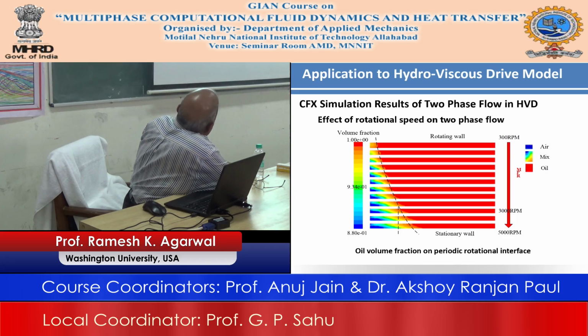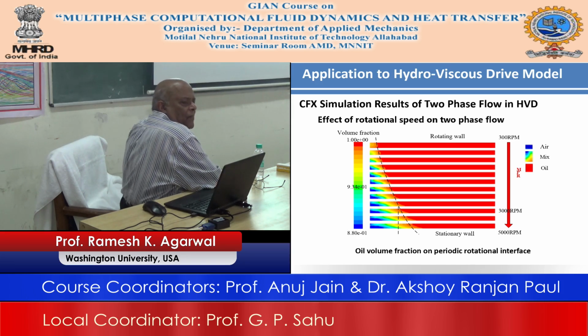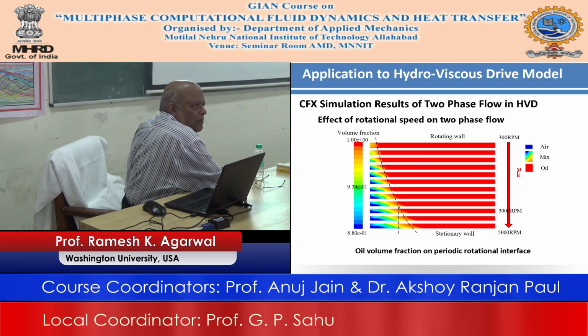And so what you have is the oil volume fraction at the periodically rotating interface. So this is a volume fraction, and you see it goes from blue to red, and so the red area is the oil and the blue area is the air, and this yellow and light blue etc. is the transition.